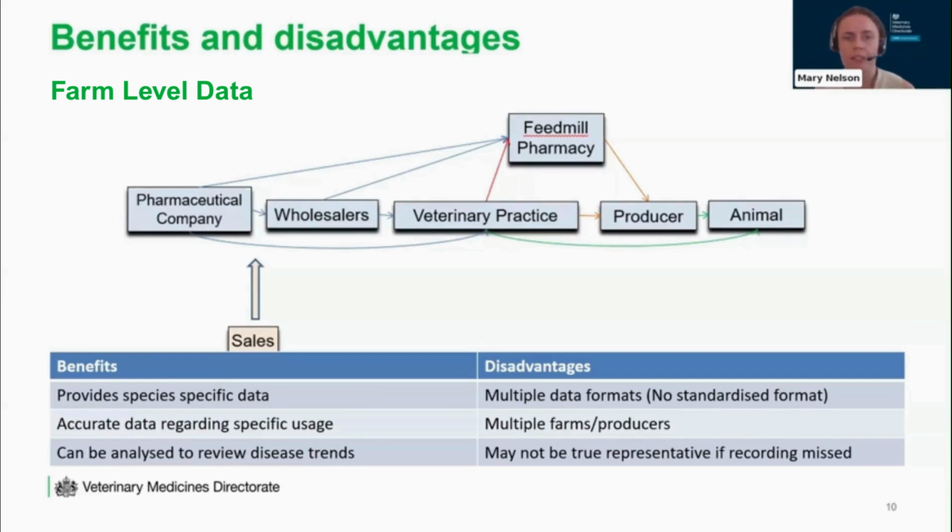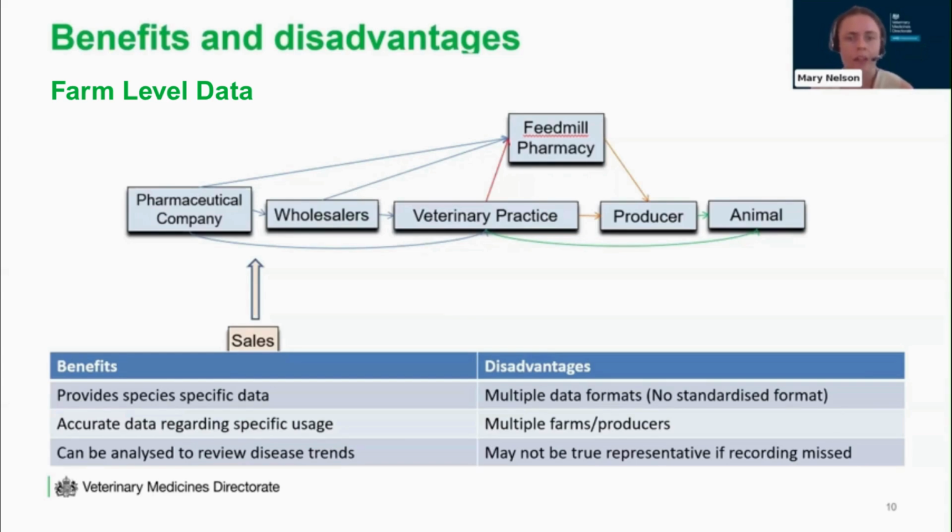The main benefit of this data is that we can give accurate data regarding species usage, and it can be analyzed as with the prescription data to review disease trends within species for surveillance purposes or for disease initiatives.